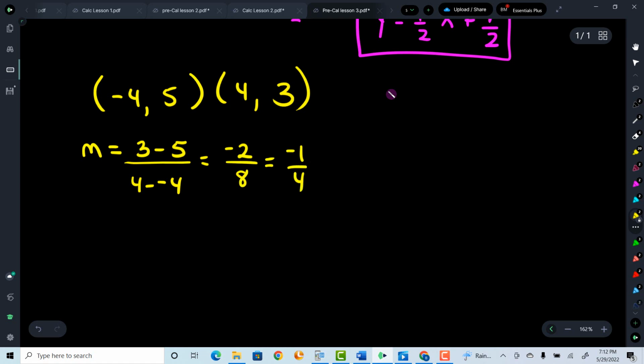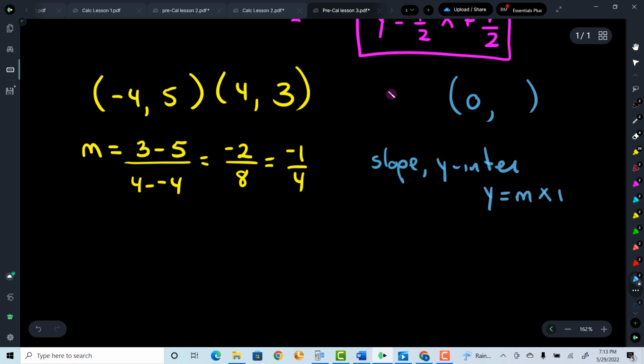Great, I have a slope. Do I have a y-intercept? Well, remember, y-intercept means that the x value has to be a 0. So I do not have a y-intercept, so I can't do that. So what's my other option? Right? I can do slope and y-intercept, and that would be y equals mx plus b.